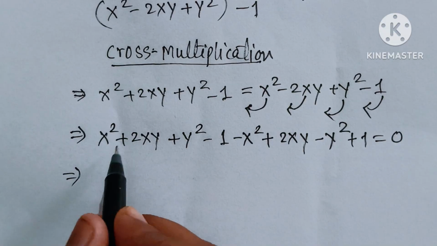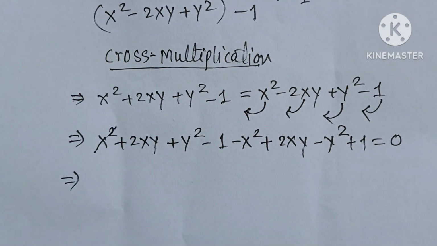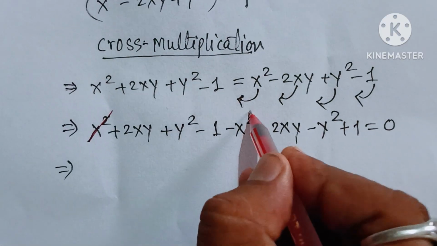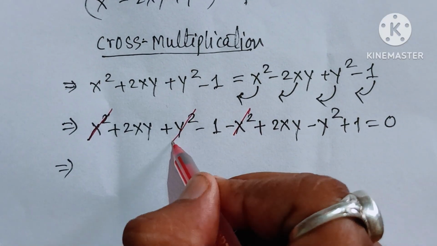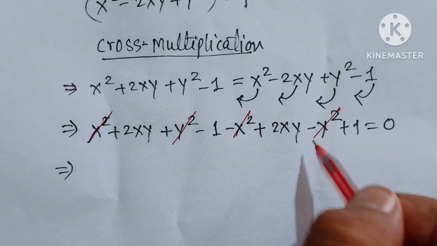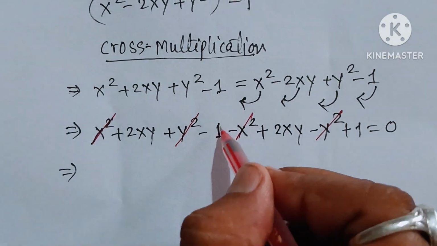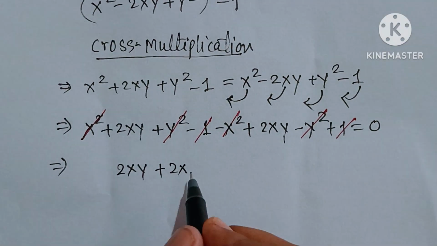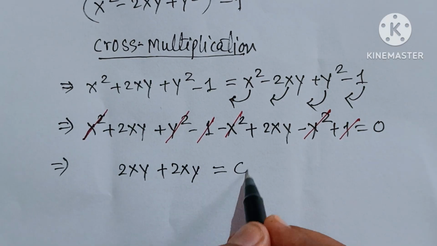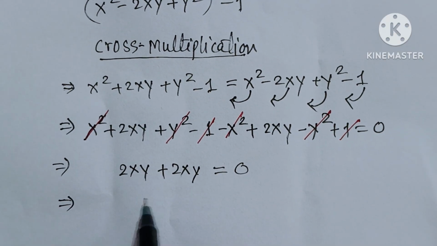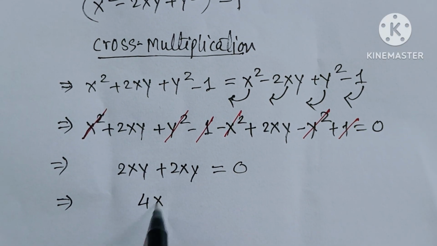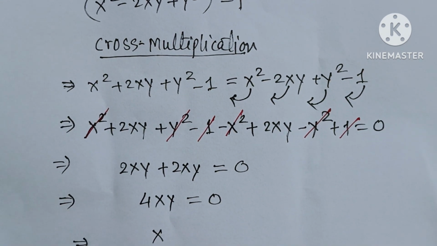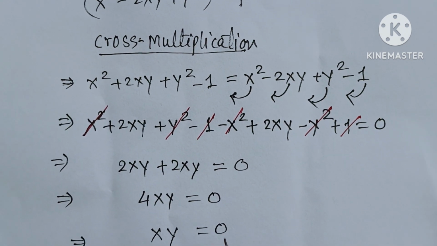Now x square will be cancelled, y square and minus y square will be cancelled, minus 1 plus 1 will be cancelled, 2xy plus 2xy, 4xy equal to 0, xy equal to 0.